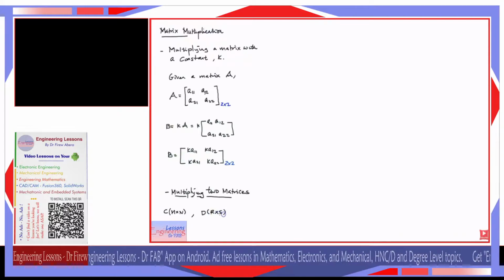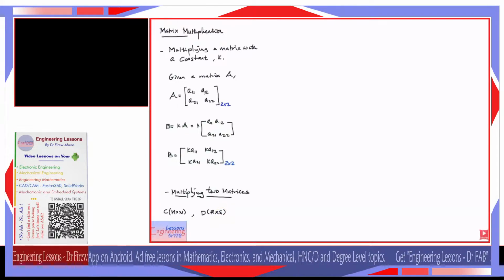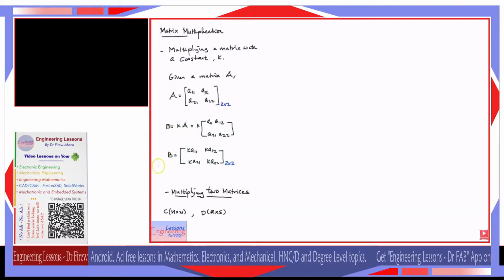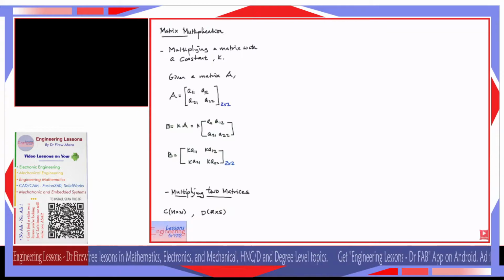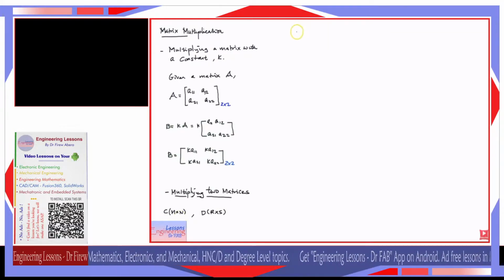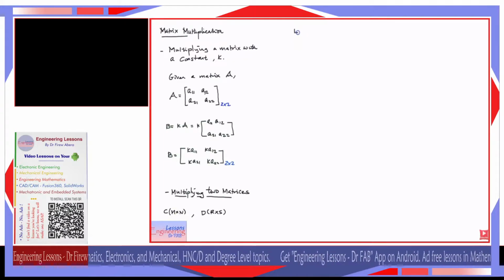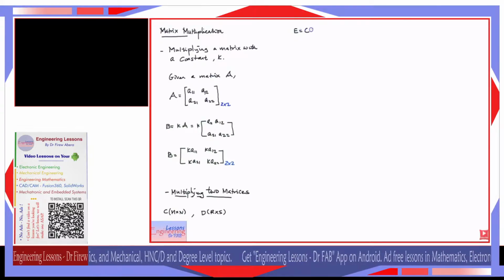So M by N is the dimension of matrix C, and R by S is the dimension of matrix D. Now we are interested in finding matrix E, which is a product of C times D.